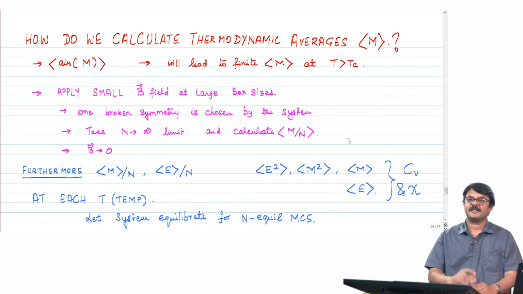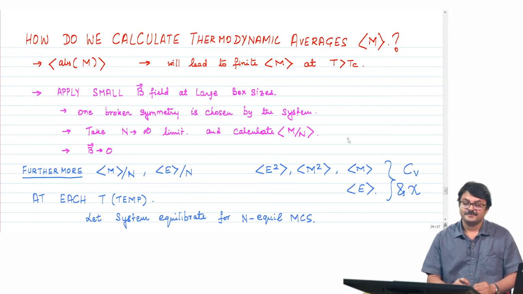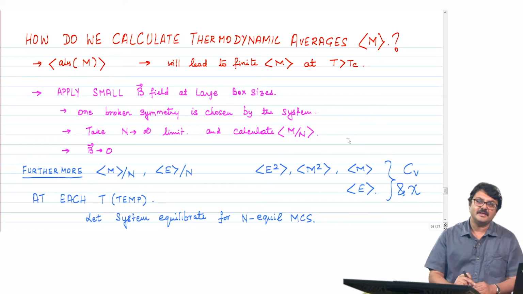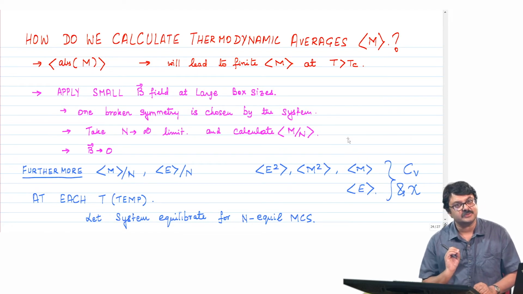Then you calculate the magnetization, do your finite size scaling and do the analysis to figure out what will be the magnetization as n goes to infinity. Then do the same calculation for lower and lower B fields and basically extrapolate to calculate the magnetization at B equal to 0 or B tends to 0.